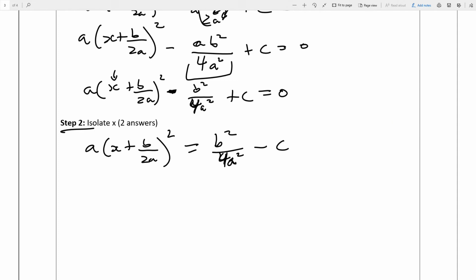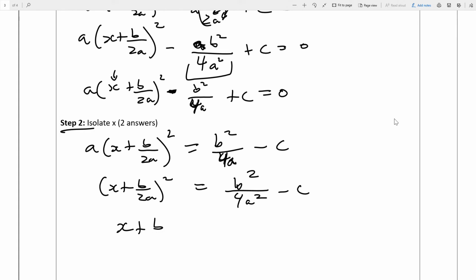Remember, at this step we had a times b squared over 4a squared, and the a should have canceled, so there should be only one a. There you go. Now we're going to divide by a on both sides, which equals b squared over 4a squared minus c, and then square root both sides.